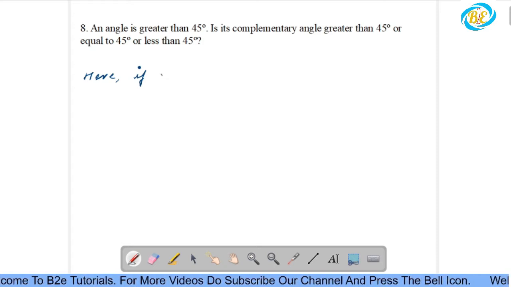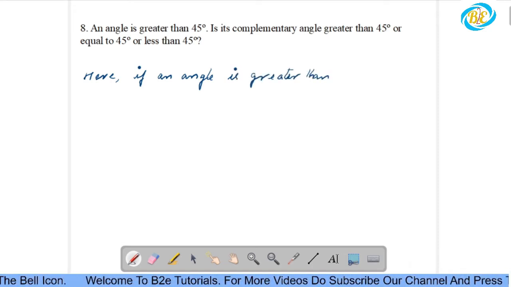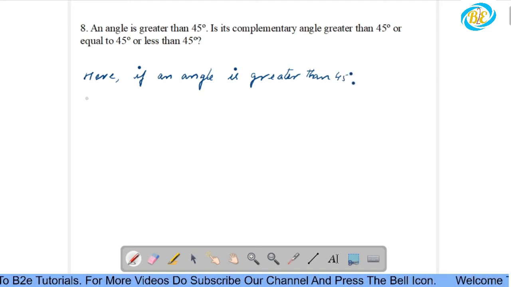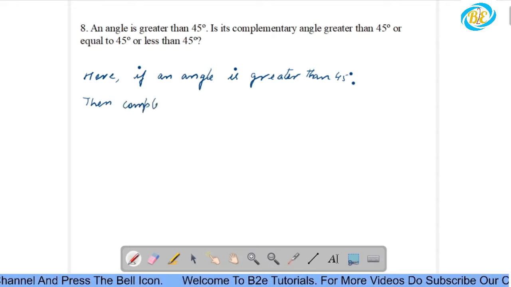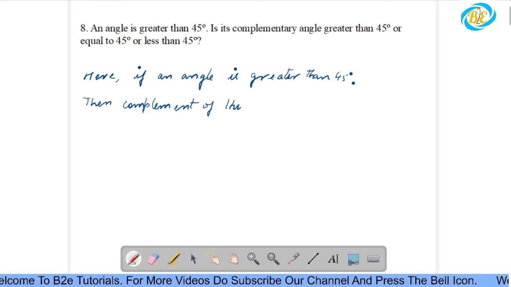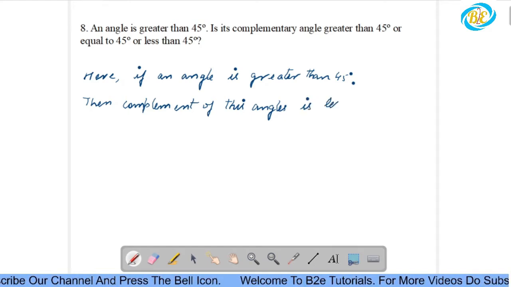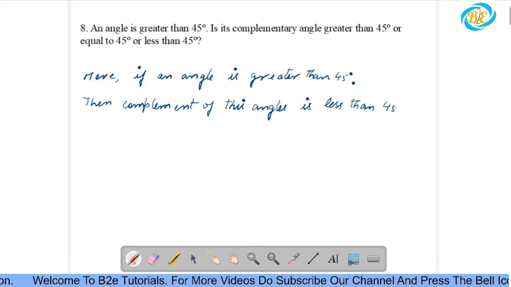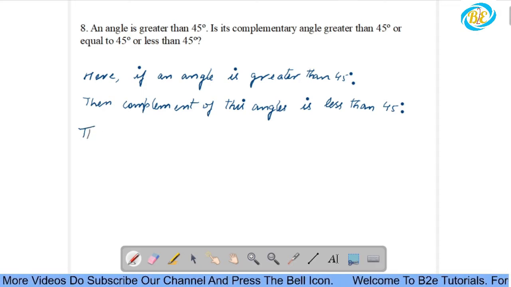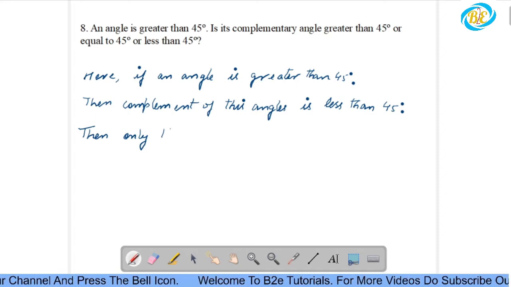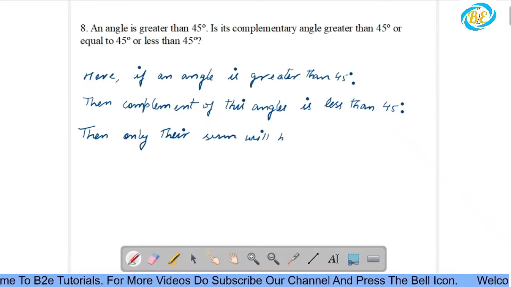If an angle is greater than 45 degree, then complement of this angle is less than 45 degree, then only their sum will be 90 degree.